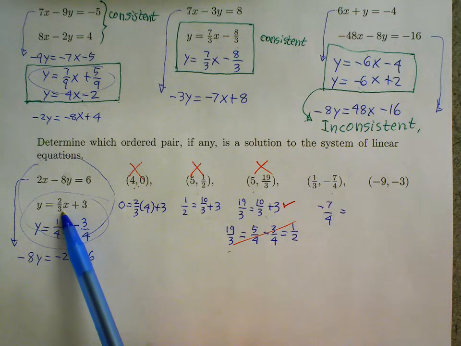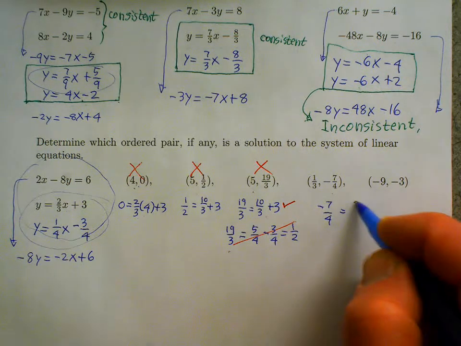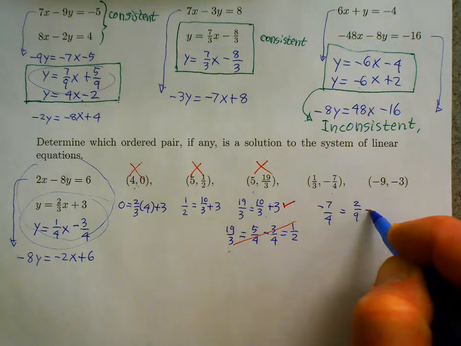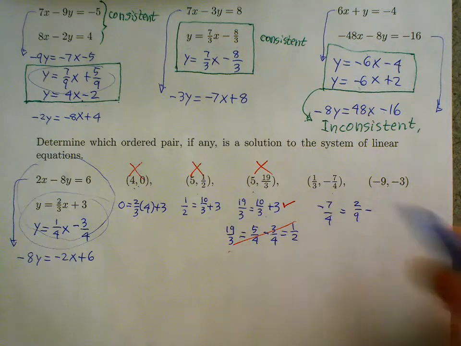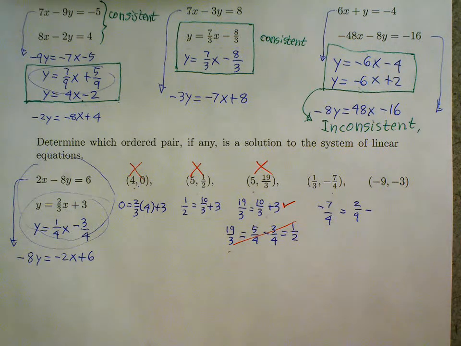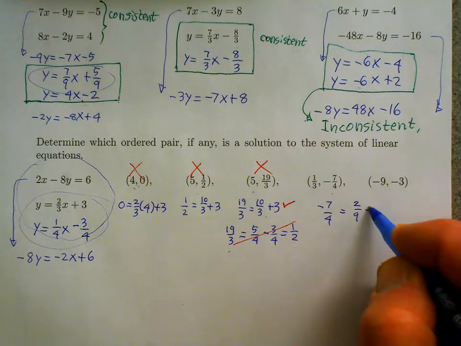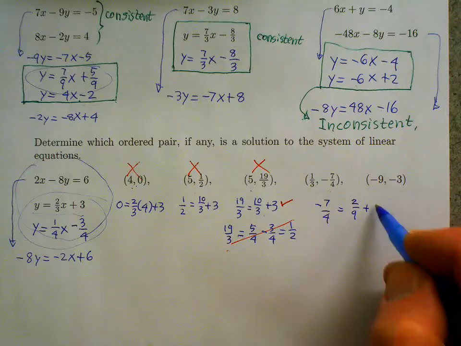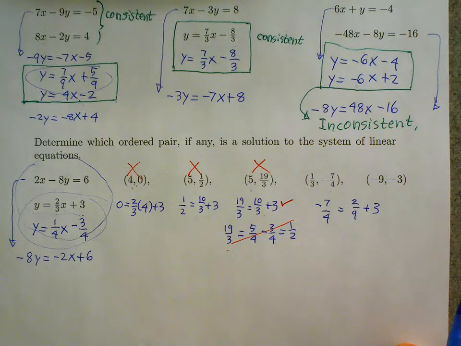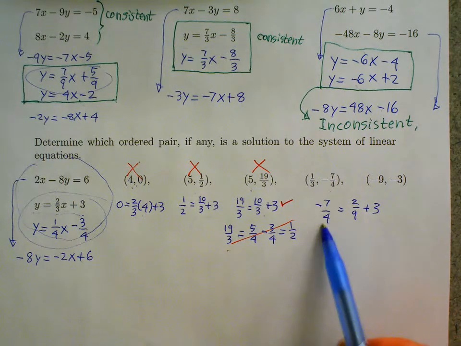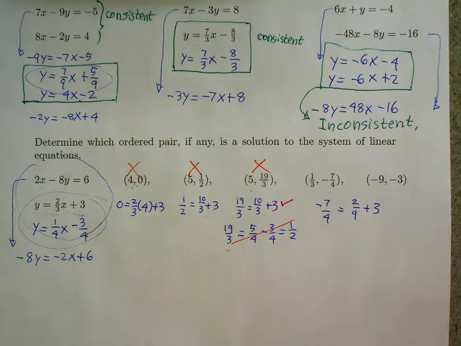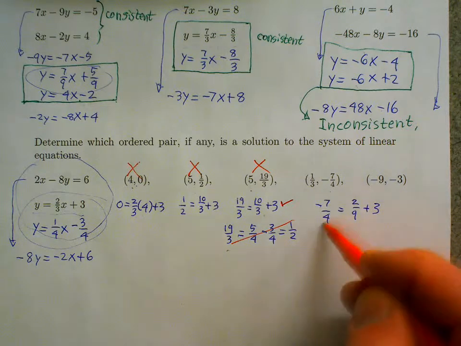So 2/3 times 1/3 is 2/9, and then plus 3. We're using this equation. This is false. The left-hand side is negative, the right-hand side is positive, so that doesn't work.